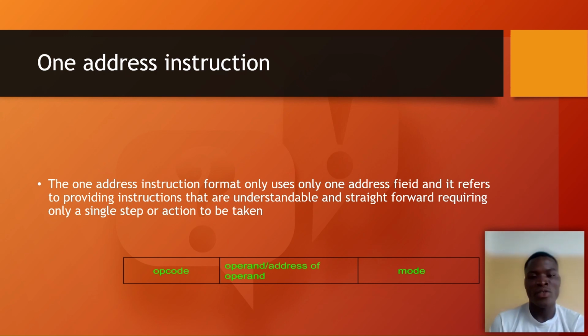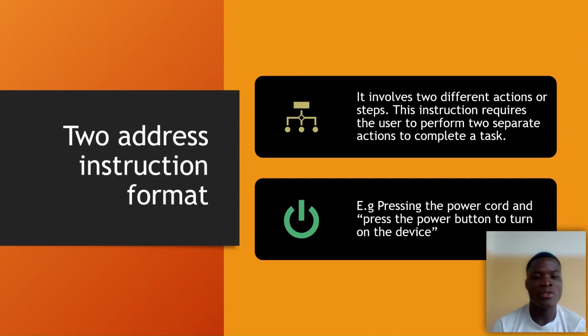The third type is the two address instruction format, and it involves two different actions or steps. This instruction requires the user to do two separate actions to complete a task. An example is when you want to turn on your laptop, you press the power cord and press the power button, and the device will turn on.